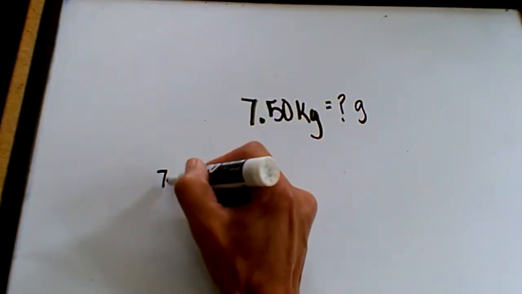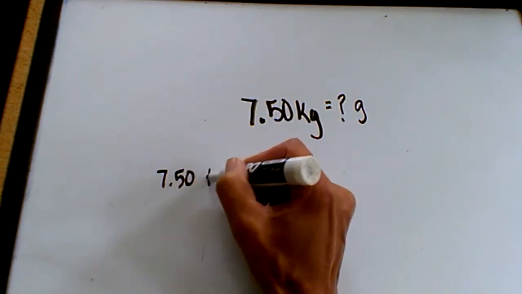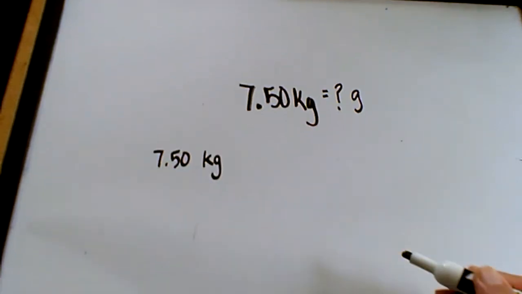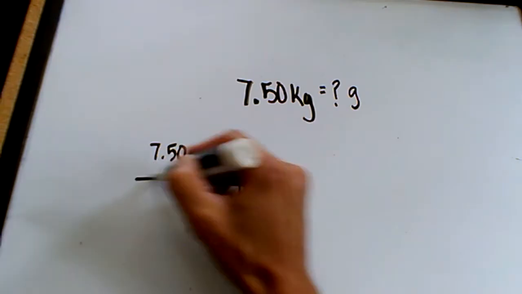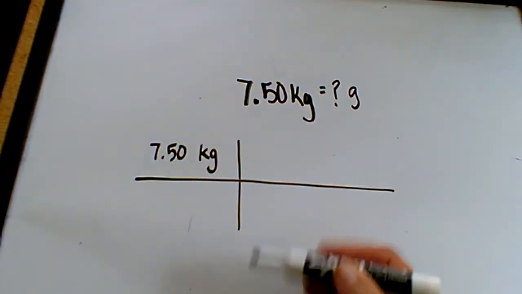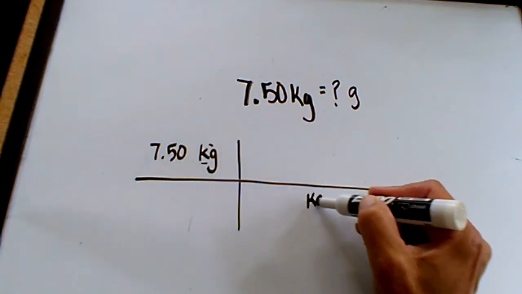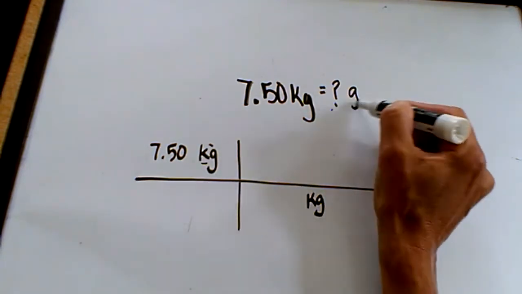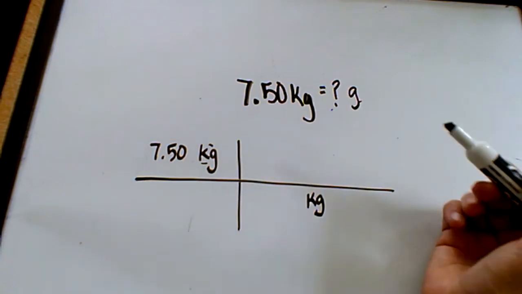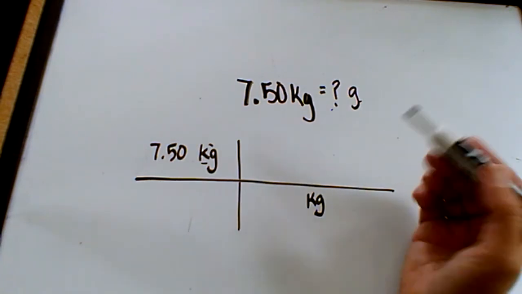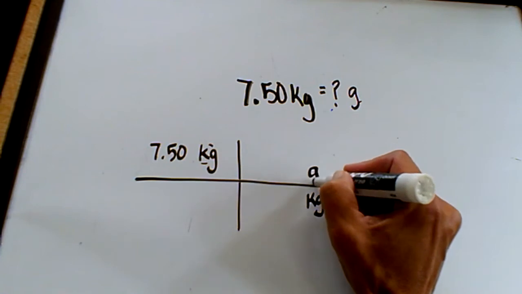Let's start with the number and the unit given. Let's draw our T-chart or our lines. Let's put the unit that we have on bottom, and the unit that we need, grams, on top.